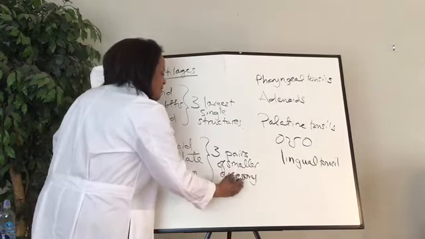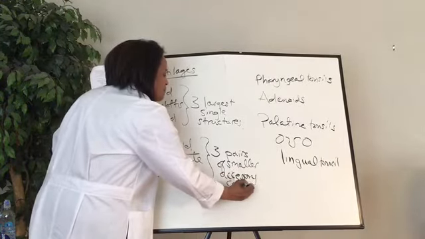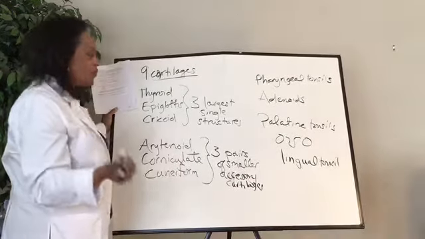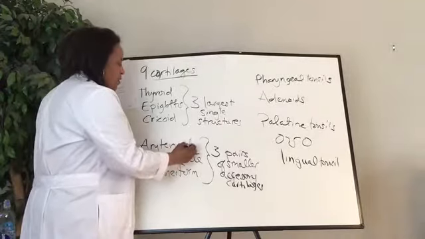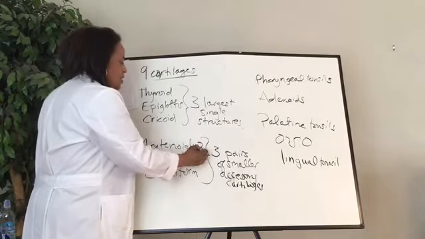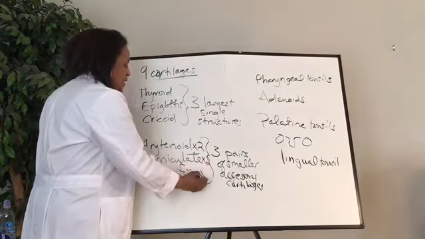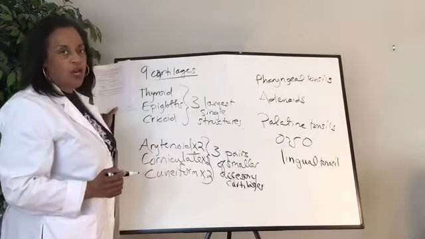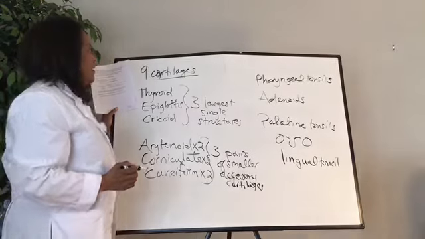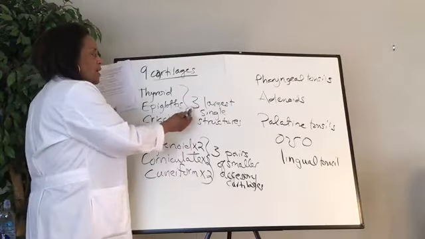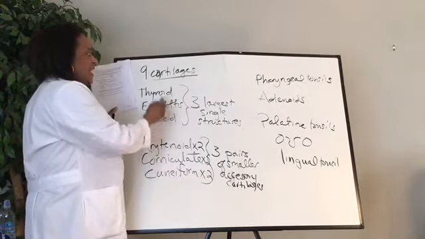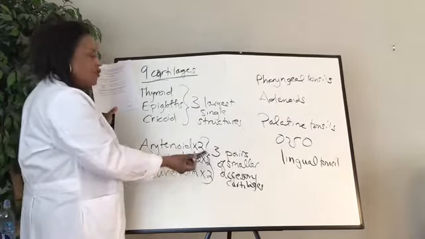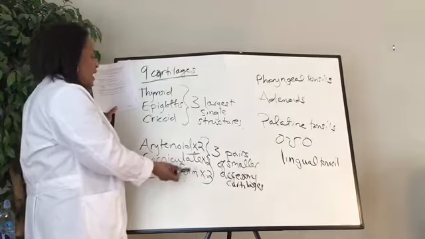Put 2 S's in there. So these are paired. Pairs means 2, correct? So you have 2 arytenoid, 2 corniculate, and 2 cuneiform. 2, 4, 6. That makes 6 cartilages there, and we have 3 here. 6, 7, 8, 9. That makes the 9 cartilages. They're smaller accessory cartilages, and they're paired.